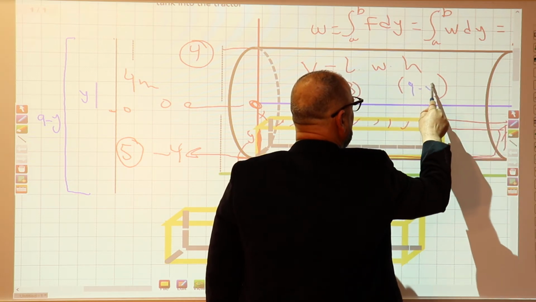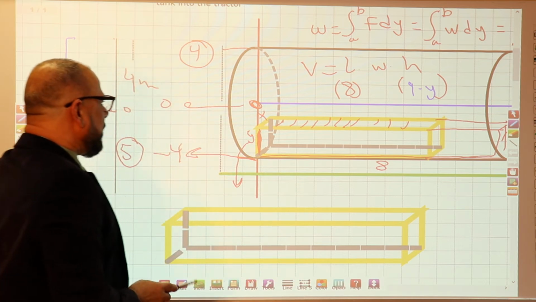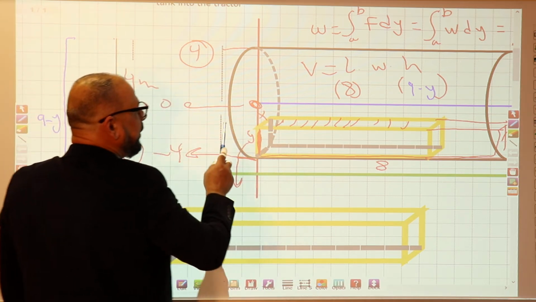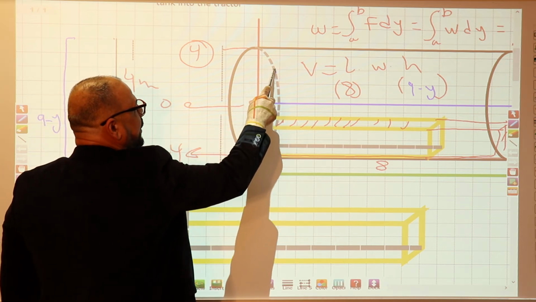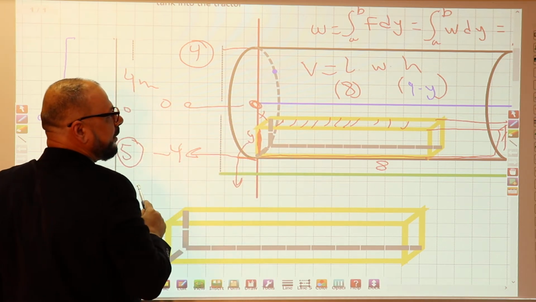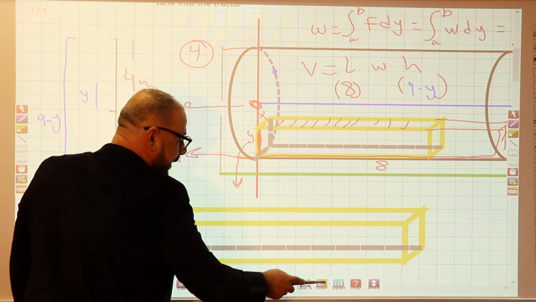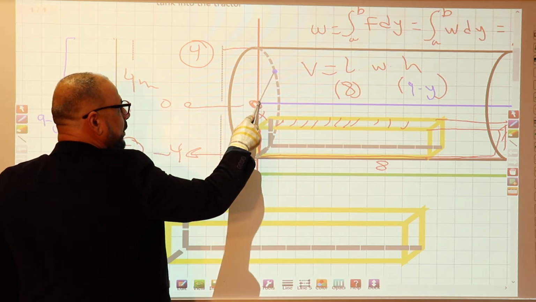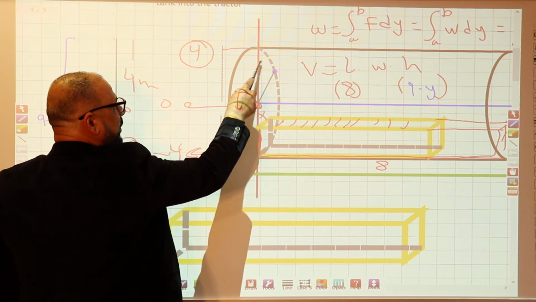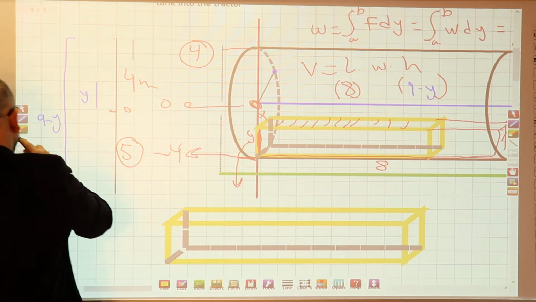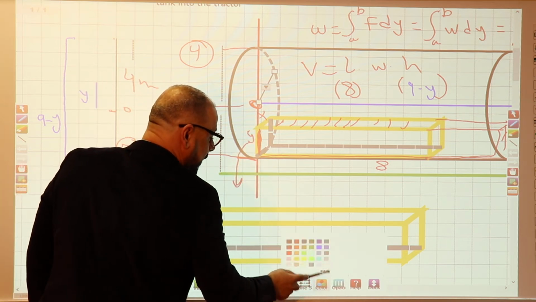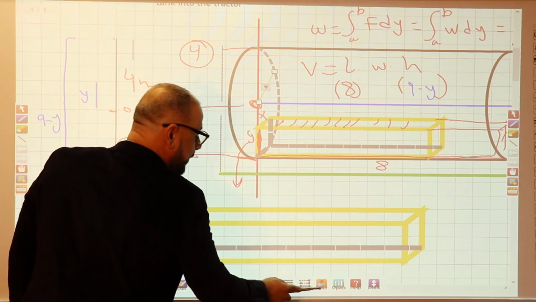The width, which is related to the radius. Look here. If you take any point in the circle, and you take a line from that point to the center of the circle, that gives you what, guys?